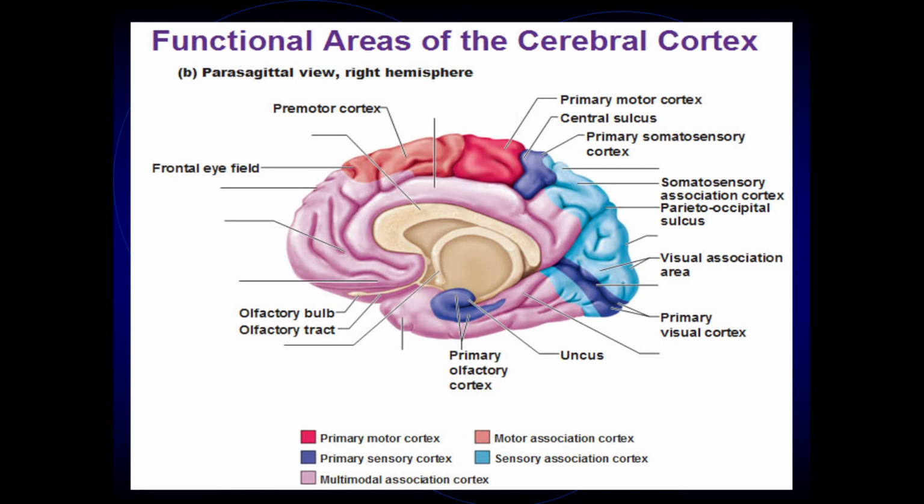Cortical projections of analyzers have a topical principle of organization. What does it mean? Their area is directly proportional to the density of receptors.